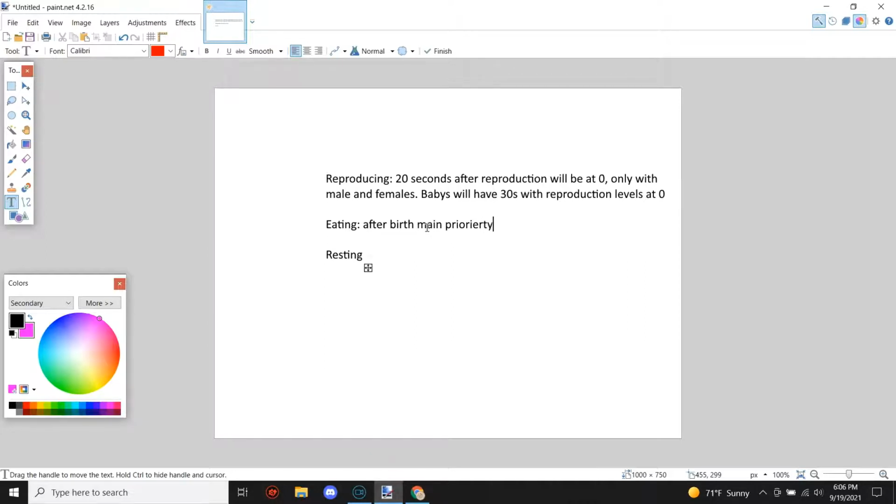And then maybe after that, definitely resting and eating. Exploring is basically just eating, because that's why they're exploring their tank, to find good spots to eat. So same thing, same difference, I guess. Resting after birth, second priority. Now, I really want to see some action in this simulation, and so resting, I say we'll limit that to 5 seconds.